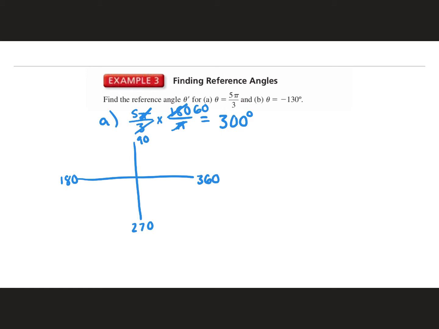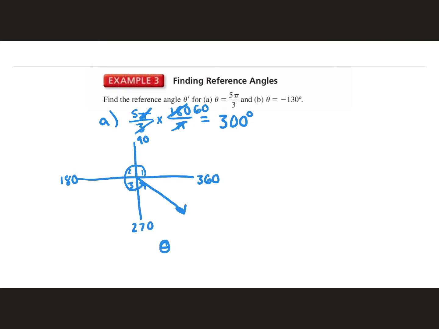What quadrant does 300 degrees lie in? The first, the second, the third, or the fourth? The fourth. It's over here. This is a 300 degree angle. Now we're in the fourth quadrant, so what formula do we use to find our reference angle?